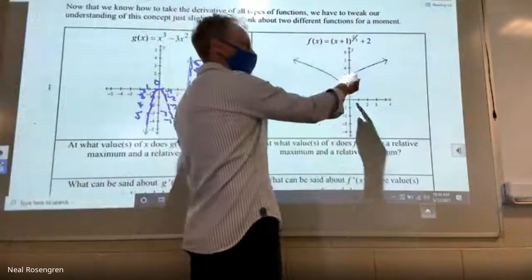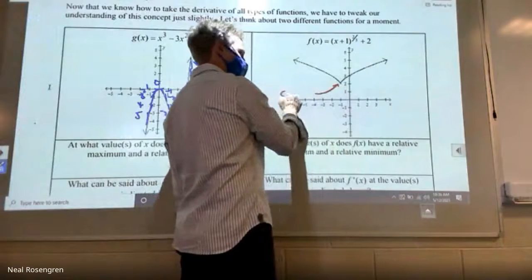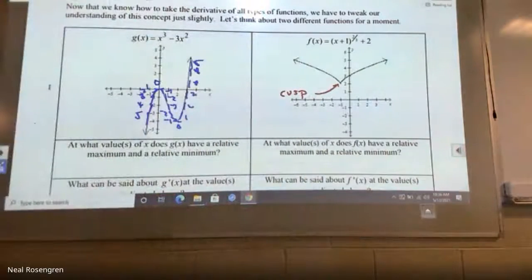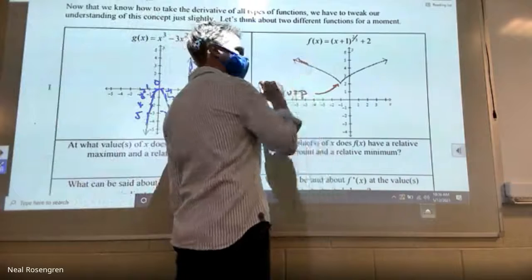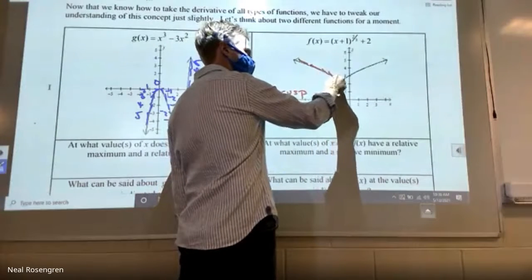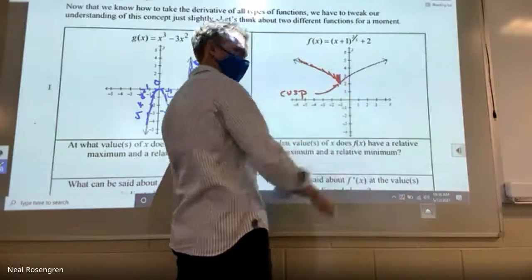What about the derivative approaching this spot right here, which is called a cusp? You can imagine bouncing a ball off the ground. What is happening? Think about the value of the derivative: -1, -2, -3, -5, -10, -100, -1,000, -1,000,000.